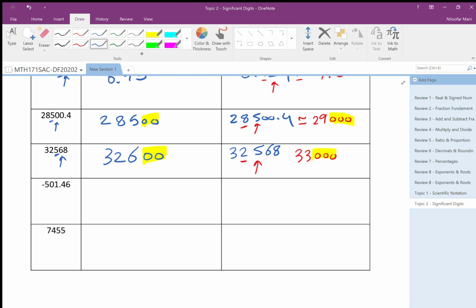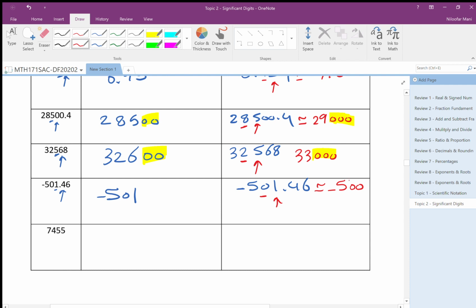Okay, so how about here? I underline this, I check this, it is minus 501. Done. How about here? It's minus 501.4, and I want two significant digits. So I underline this and I check this. Okay, so it is minus 500, but this is just one significant digit.